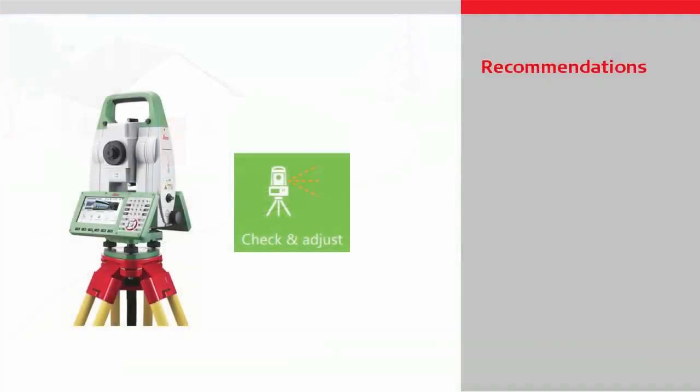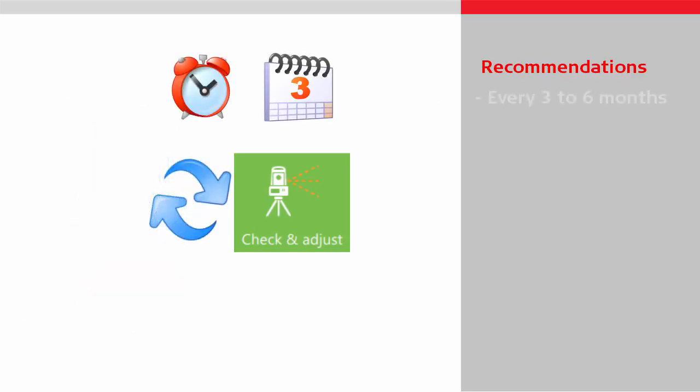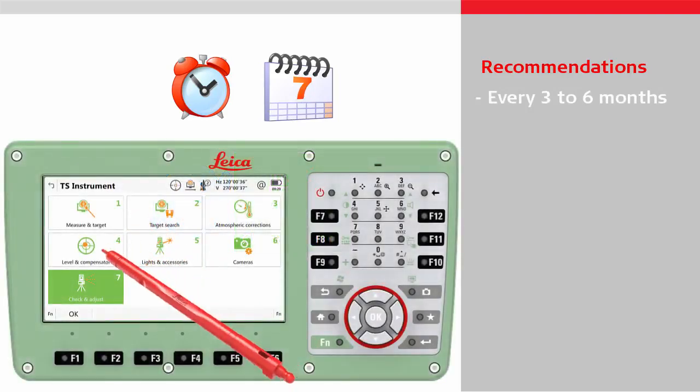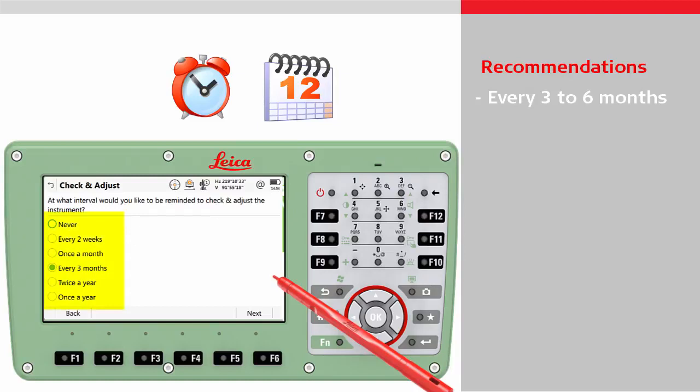To guarantee the highest precision during daily work, we recommend to calibrate the instrument on a regular basis, every 3 to 6 months. A reminder can be set within the Check and Adjust tool to inform the user in this regard.